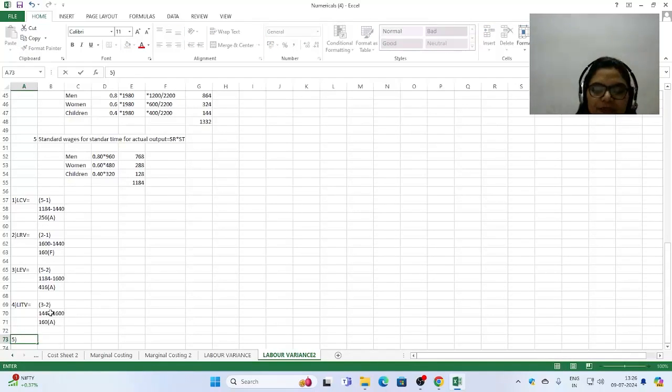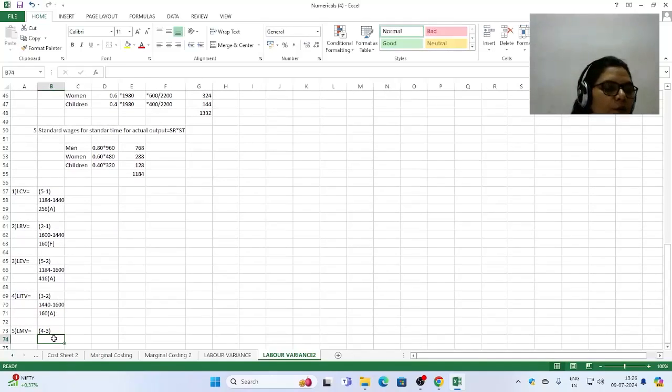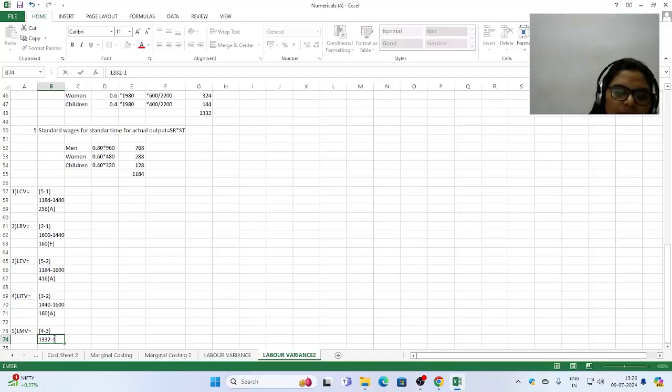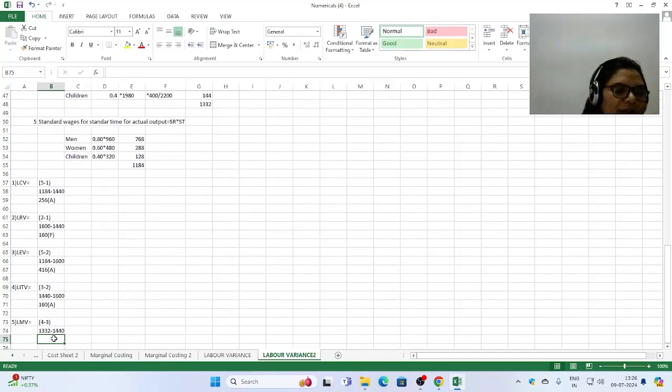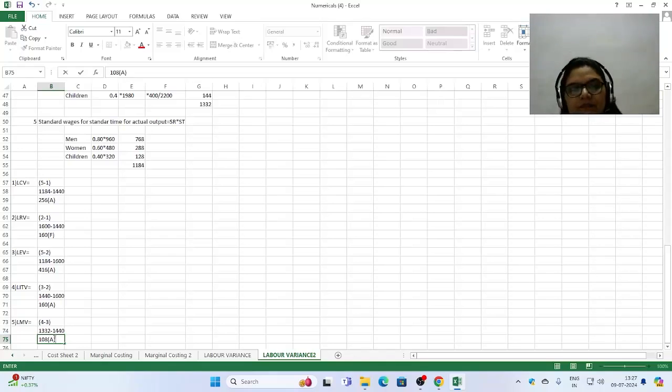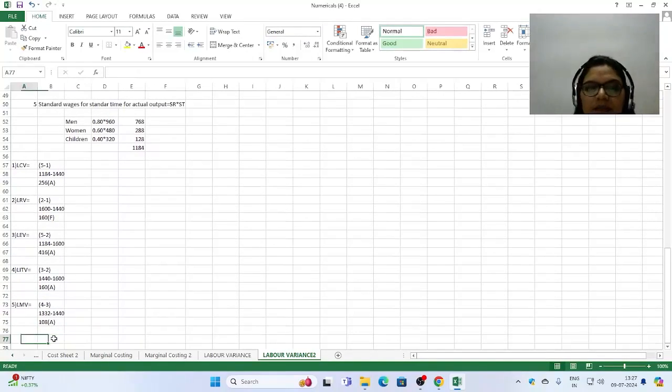Fifth is labor mix variance. Labor mix variance is equal to 4 minus 3. 4 is 1332 minus 1440, which will give you the value of 108 adverse. Next is 6, labor yield variance.